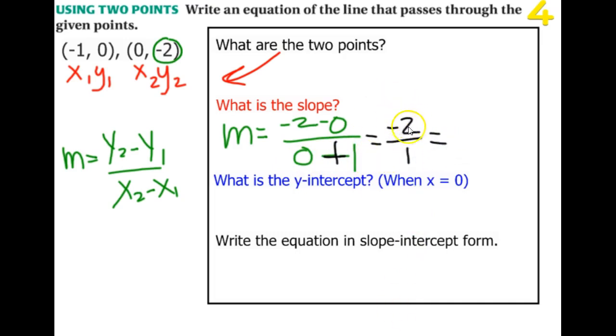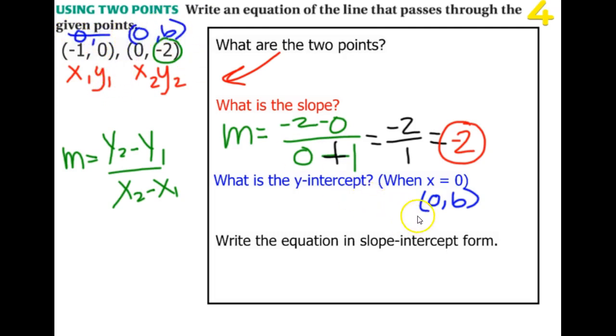Because this would just be a nice number, negative 2 divided by 1 is negative 2. So you could leave it as a fraction if you want, or you could convert it to just a nice number. And then our y-intercept. Well, our y-intercept is when x is 0, or we're looking for 0, b, our y-intercept. So this point does not have a 0 for x, so it can't be that point. This one does.